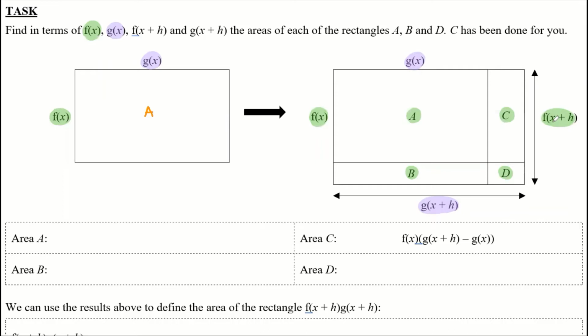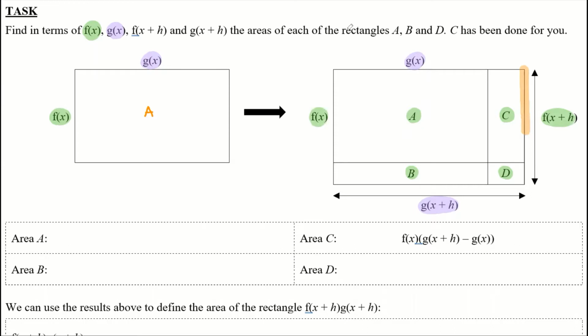Now what I've done is I've given you an expression for the area of C already. So it looks a little bit confusing, but I'll just explain what I've done. So if you notice, for C, if we just have a look at the dimensions of C, first of all, let's start with the vertical dimension.